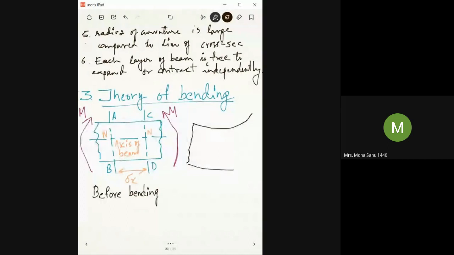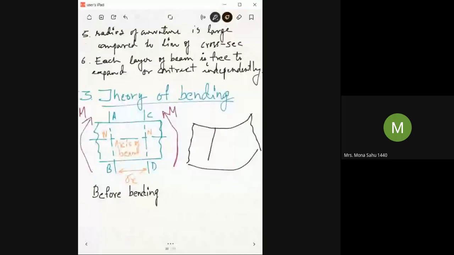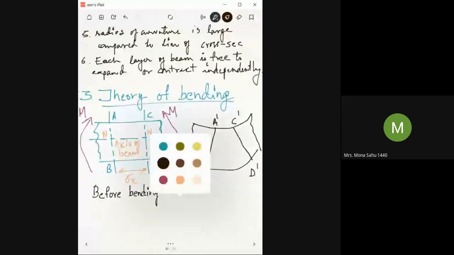Just drawing it, and what's going to happen to sections A, B, and C? It's going to slant like this. So A dash, C dash, B dash, and D dash. And what's happening to the neutral axis here? This is how it's going to end.